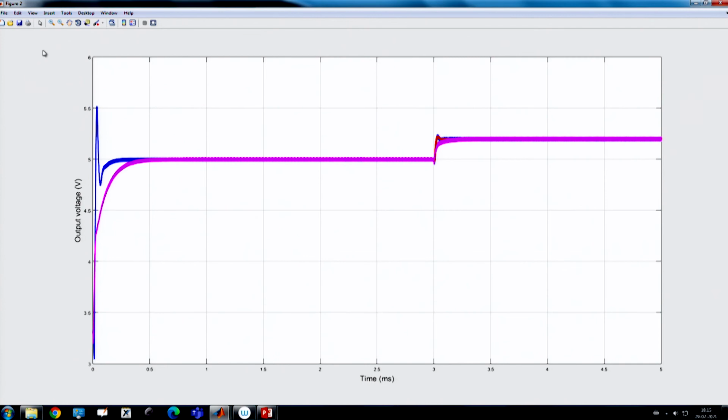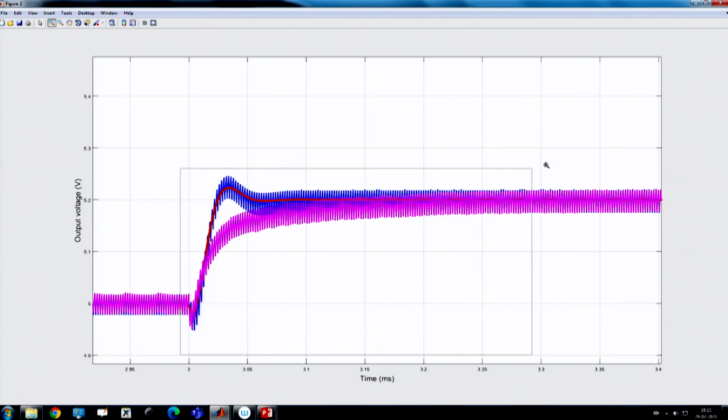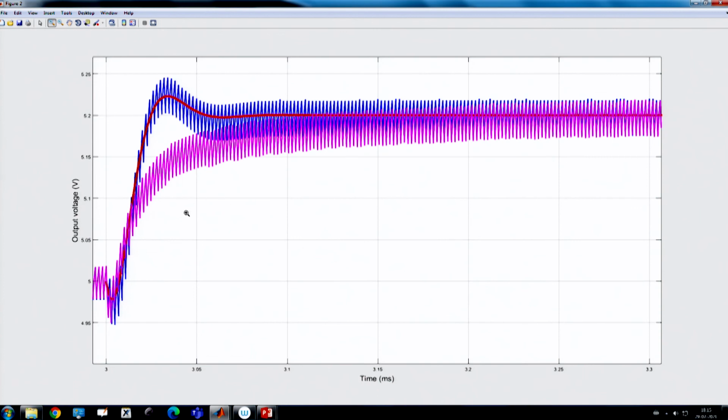So, this blue one is the response coming from the output feedback design, and that is using 1/3 of the RHP zero, and the red one is the response coming from model matching.